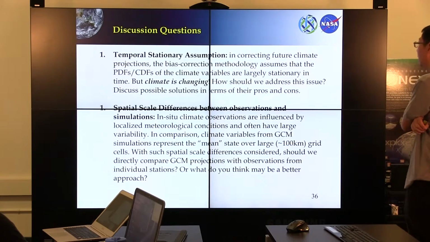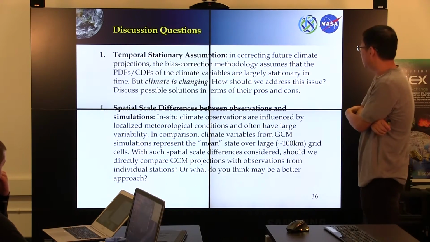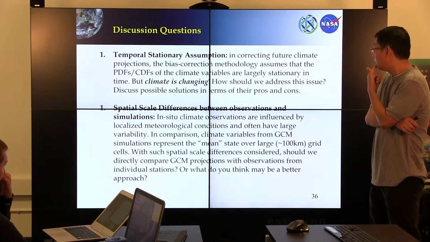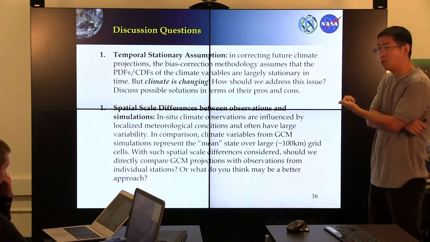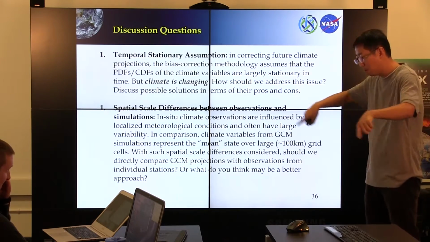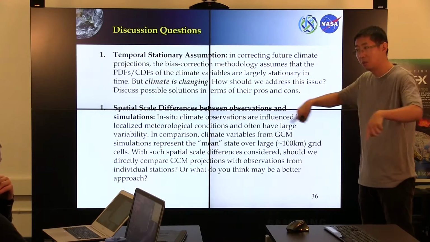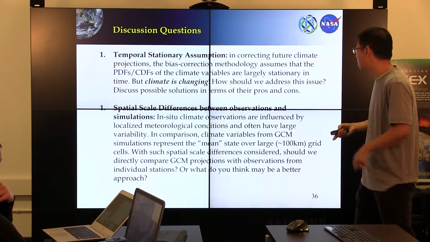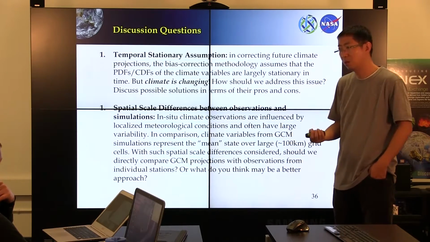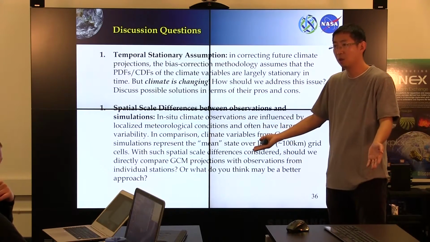Another one is, when we talk about observations and GCMs, we said GCMs are 100 by 100 kilometers. Basically, each represents some sort of mean status over that grid cell, right? But our observations come from station data. One station is just that particular location.